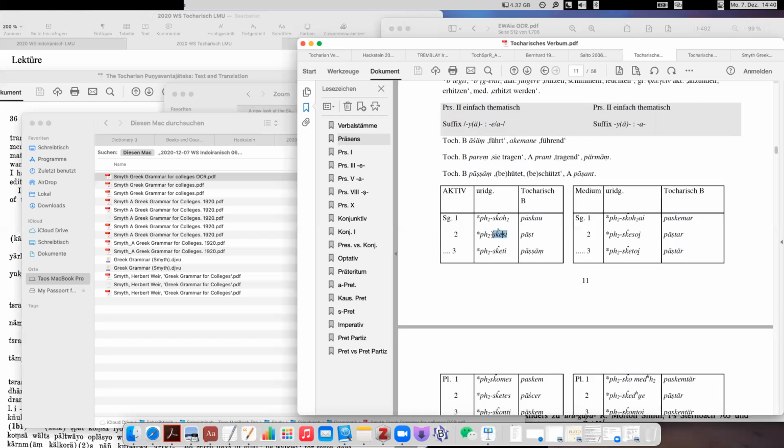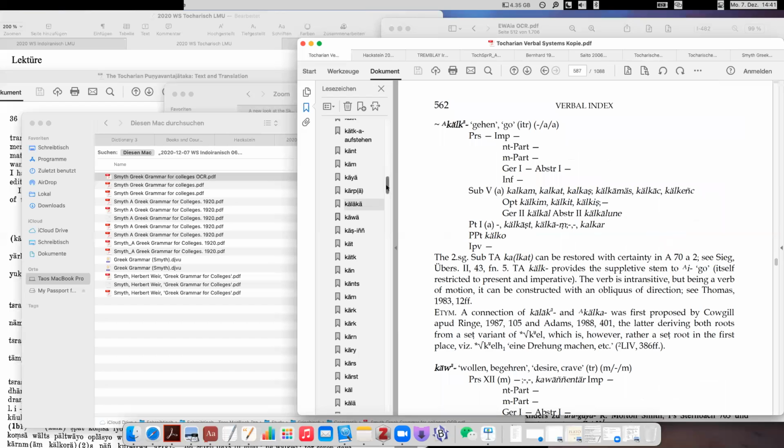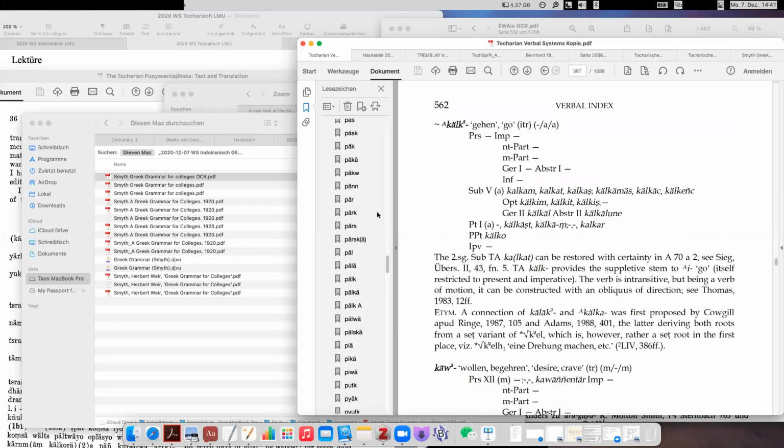But here you would see that it's a sk. It means that originally in Proto-Indo-European, it is actually a sk-thematic present. But in Tocharian, the sk has been lexicalized to be a part of the root. So if you check the Tocharian lexicon, you find the root not as pa, but as pask.